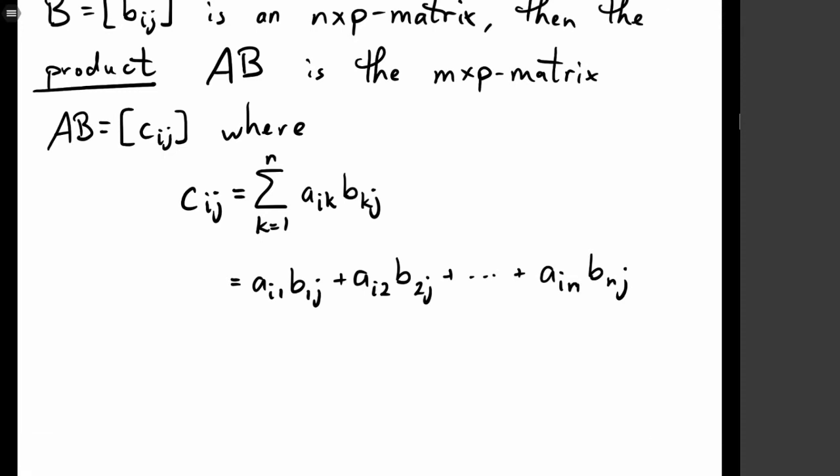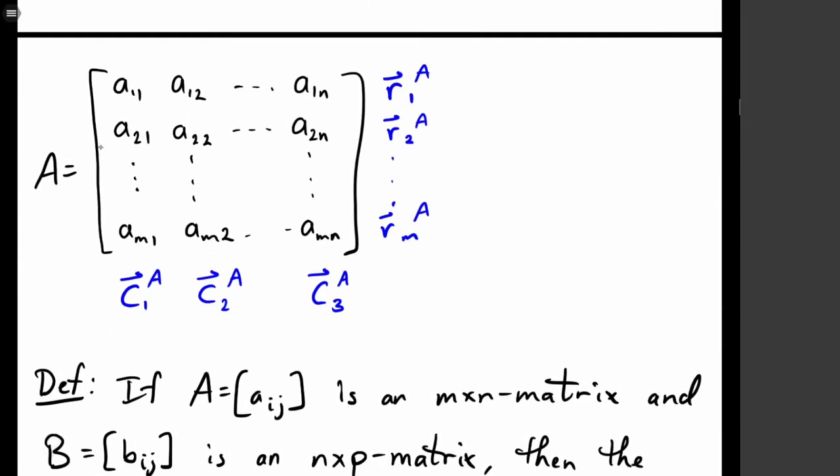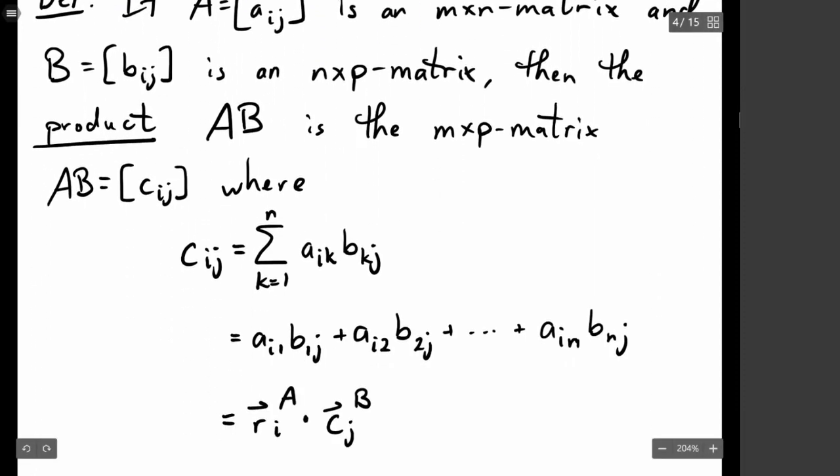Now, what this actually ends up being is a dot product of two vectors. Specifically, it's the ith row of matrix A dot product with the jth column of matrix B. So again, we're going to take the ith row in the matrix A and the jth column from the matrix B, and we're going to compute the dot product.